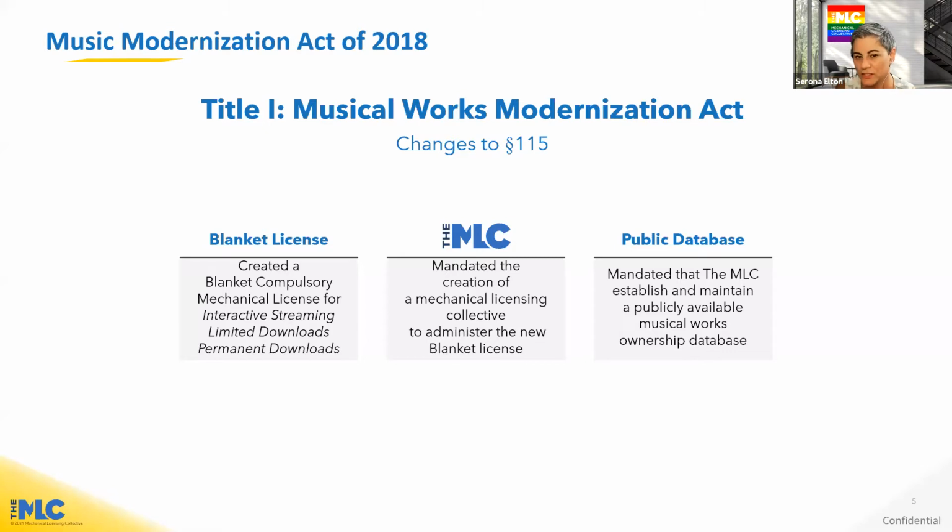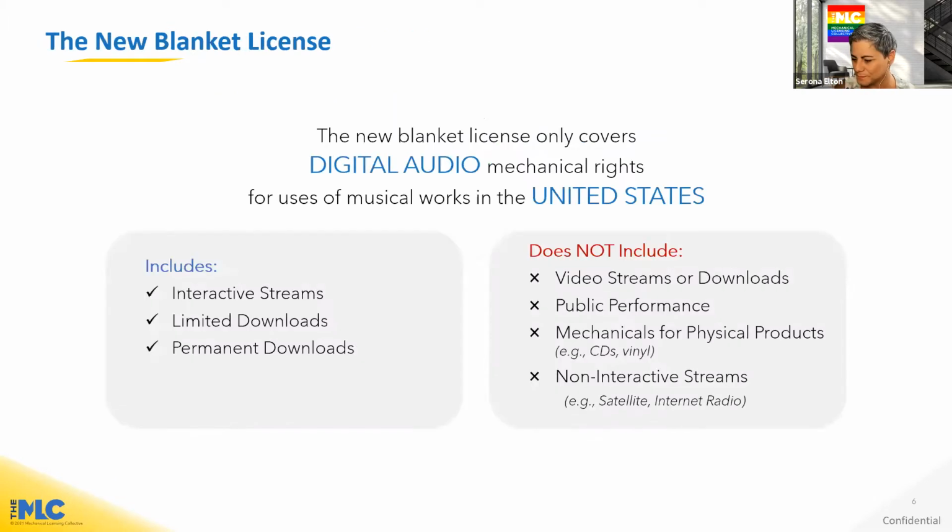It also mandated the creation of a database of musical works ownership information that is available to the public to search, so that this license and these royalties could be administered. So these are really important changes. That's why we're here. It's all thanks to the Music Modernization Act.